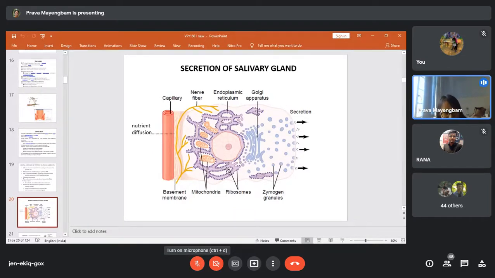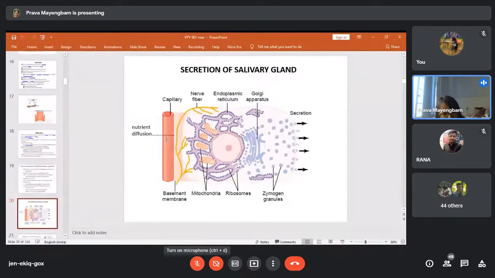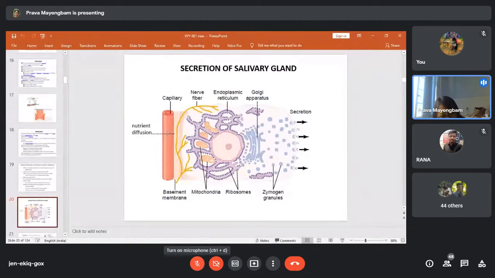First of all, this secretory cell has to get the nutrients for secretion. Those nutrients will come from the blood vessels, the surrounding capillary. The nutrients required for the secretions by this secretory cell will come from the blood vessel and enter the secretory cell first.